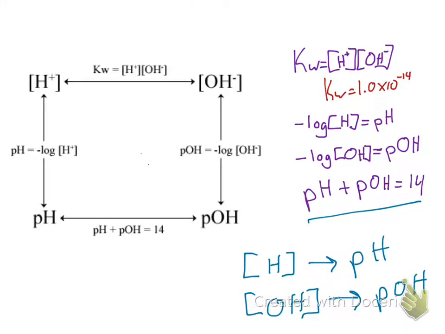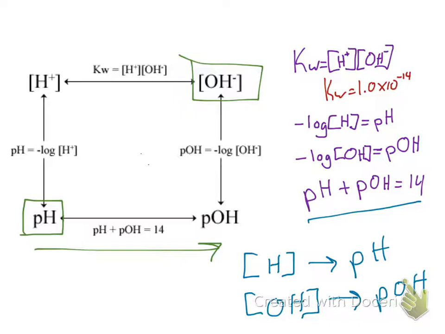Well, let's go ahead and take a look here. It's giving us pH, and we somehow need to find the hydroxide ion concentration. And so you can see there's a couple things we can do. We can go from here to here, and then up to here, or we can go this way. And it does not matter which way you go.